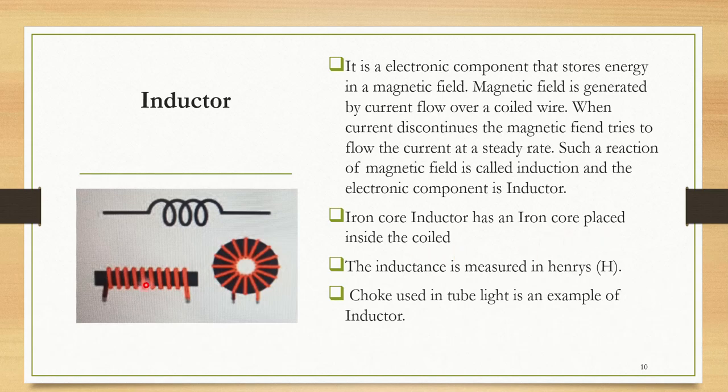Inductance is measured in henries. The choke used in a tube light is an example of an inductor. You have seen the tube light uses a choke. That is an example of the use of an inductor.